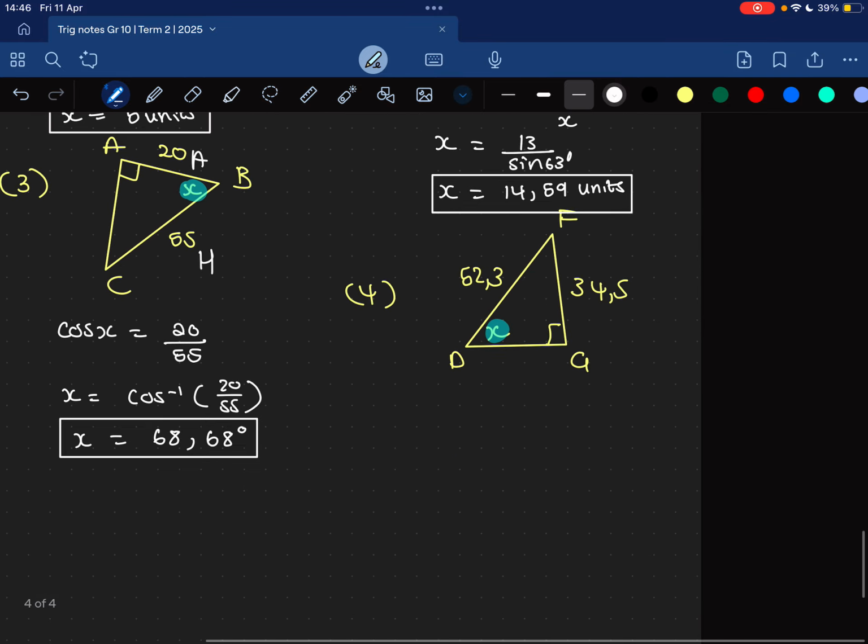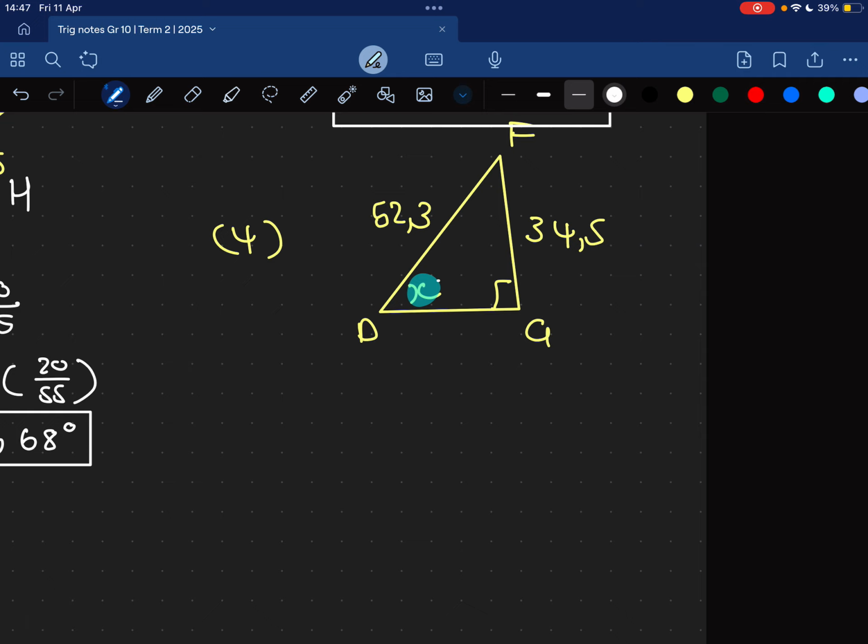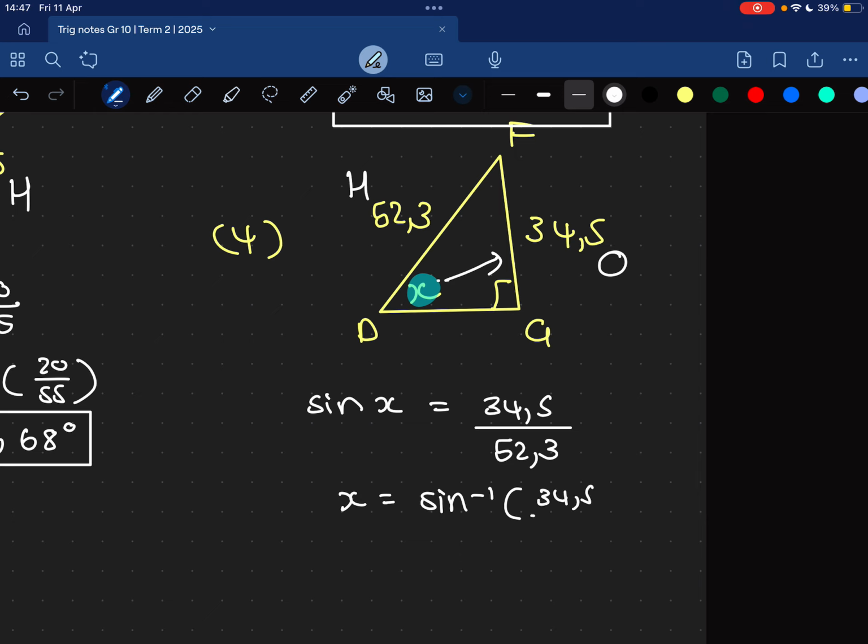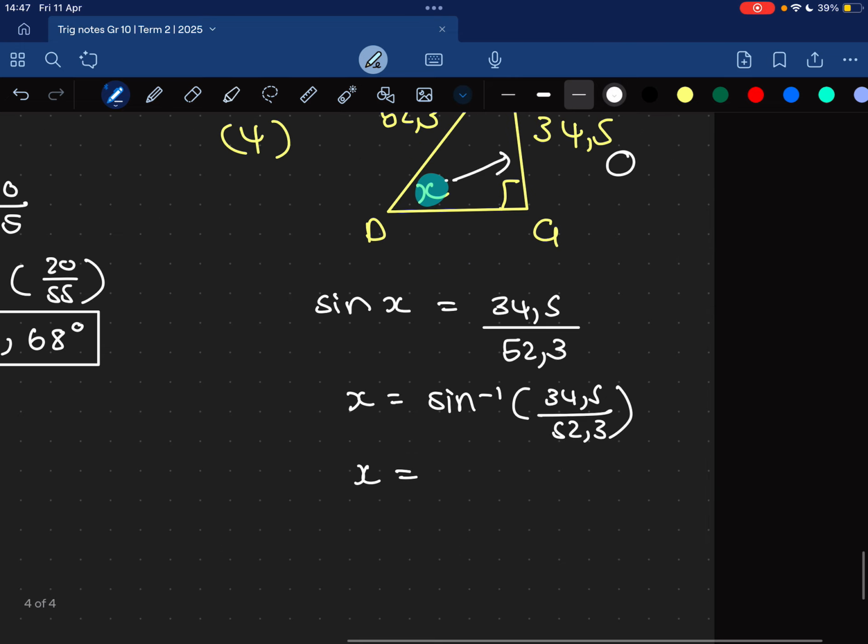Okay, and then number 4, x, again, this is hypotenuse, this is going to be opposite, so it's just sine of x, which is equal to 34.5 over 52.3. So x is arc sine of 34.5 over 52.3, which will be 41.27 degrees.